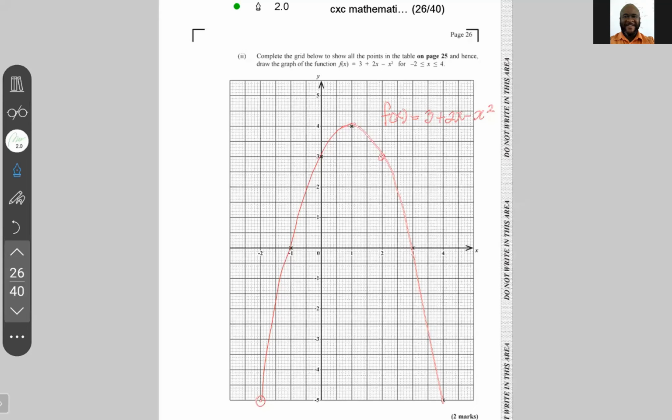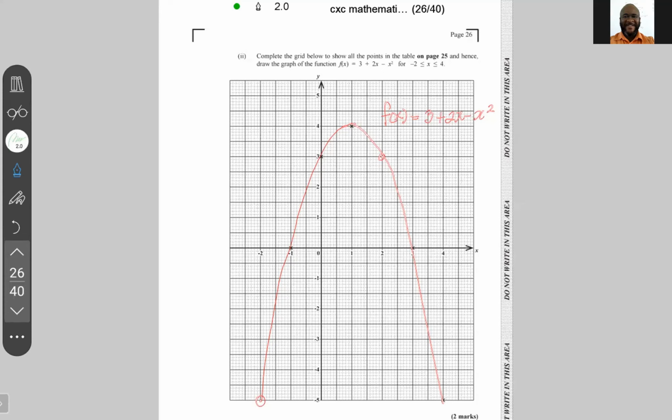Your graph starts at x is equal to -2, and your graph ends at x is equal to 4. Between x is equal to -2 and x is equal to 4, the graph goes from -5 all the way up to 4 and then back down to -5.